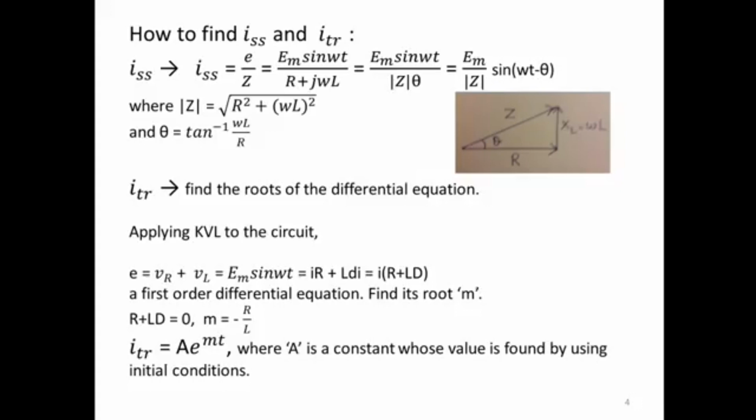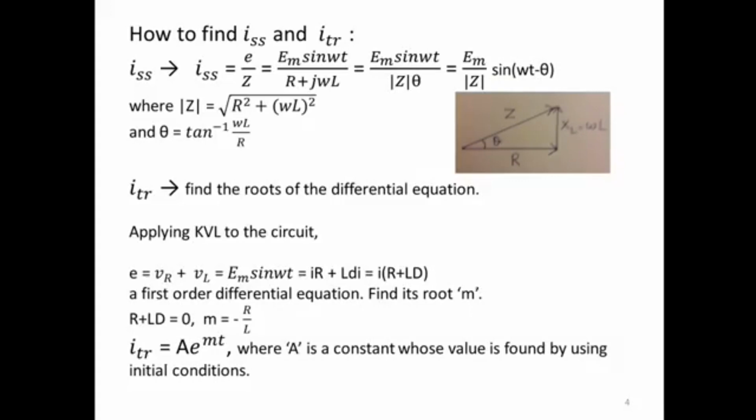I is equal to V upon R. Normally this is the equation used to find the steady state component: ISS is equal to input voltage divided by the impedance. Now here the impedance is a complex quantity because of the presence of L. You can see the vector diagram, R plus j omega L, with an angle equal to theta and magnitude equal to mod of Z.